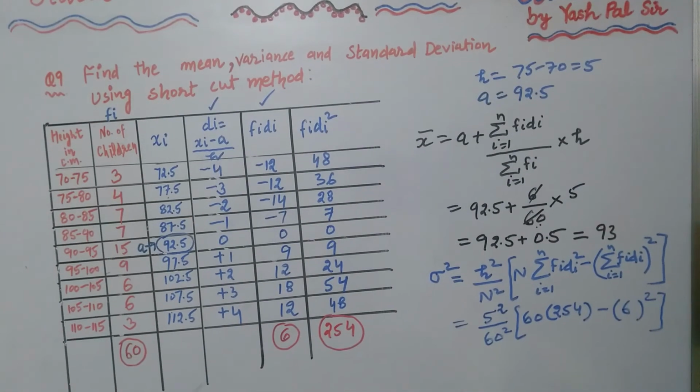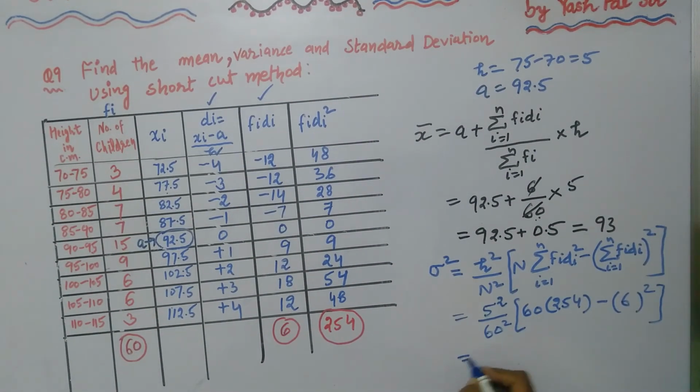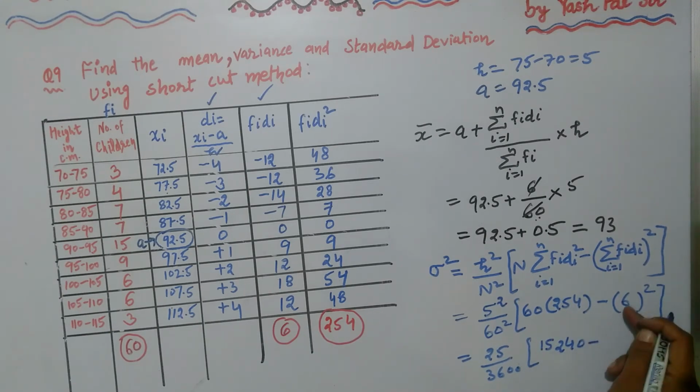Right? So the next step: 25 divided by 3600, into 60 into 254, which is 15,240, minus 6 into 6, 36. So this way we calculate the answer.